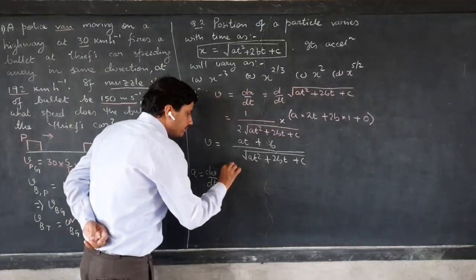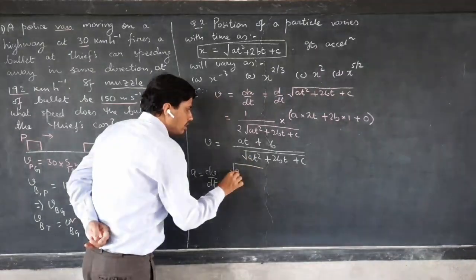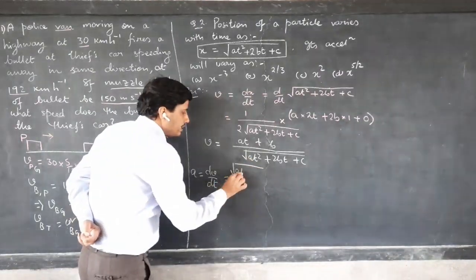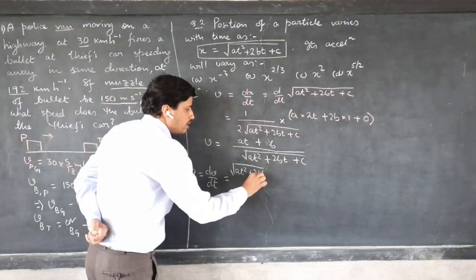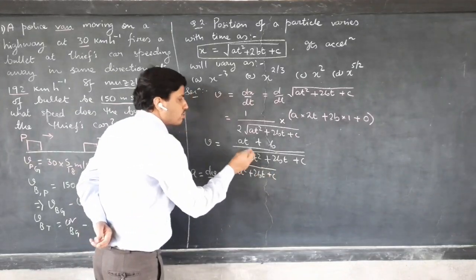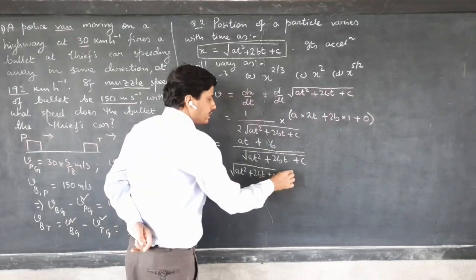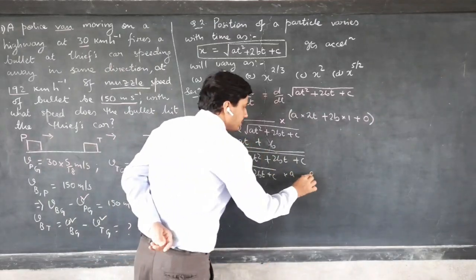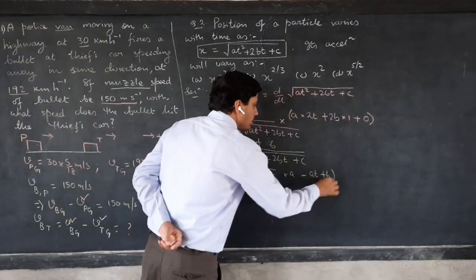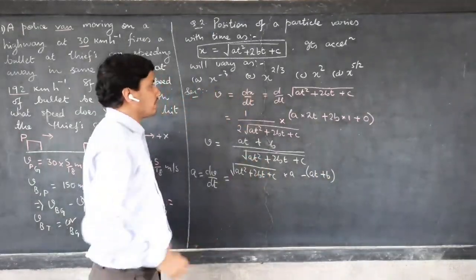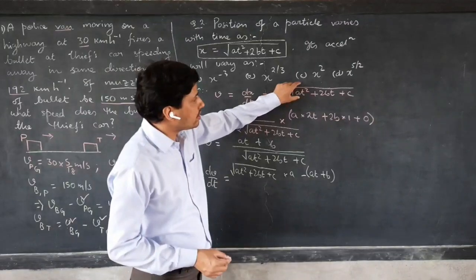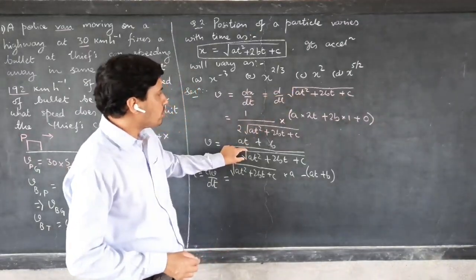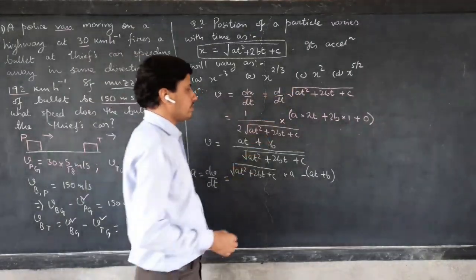So denominator at square plus 2bt plus c into derivative of numerator, you will find it is a minus numerator into derivative of this one. Now this you see is exactly same as this. So derivative of this will be this one.